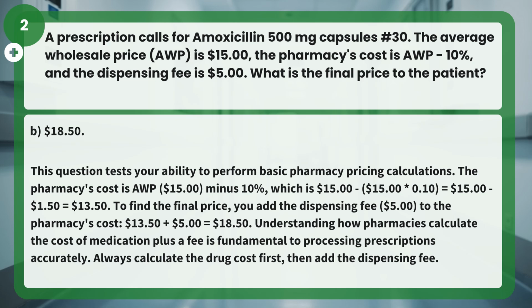To find the final price, you add the dispensing fee of $5.00 to the pharmacy's cost: $13.50 plus $5.00 equals $18.50. Understanding how pharmacies calculate the cost of medication plus a fee is fundamental to processing prescriptions accurately. Always calculate the drug cost first, then add the dispensing fee.